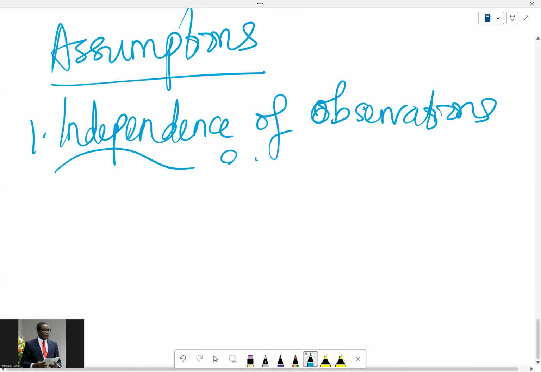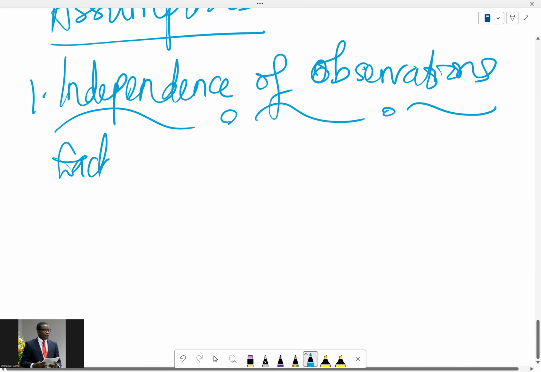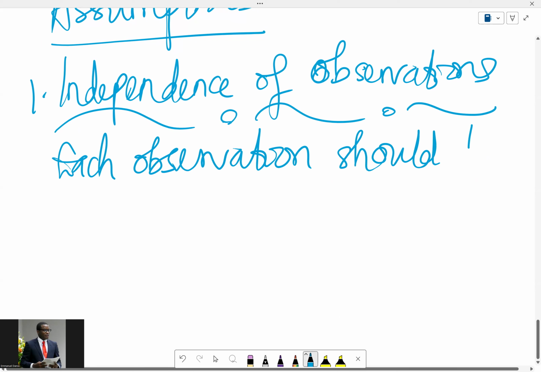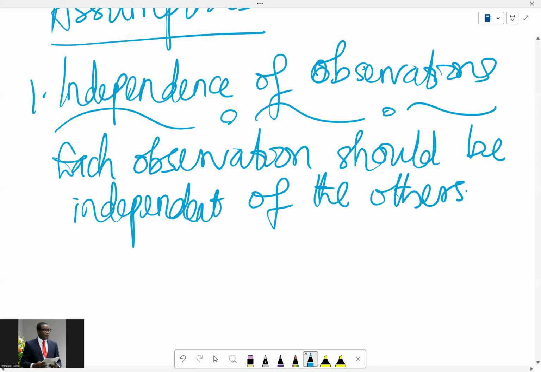They have nothing in common. This is to say each observation should be independent of the others. That is one assumption.